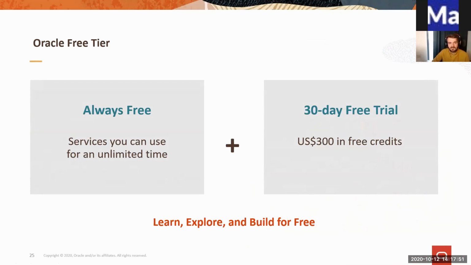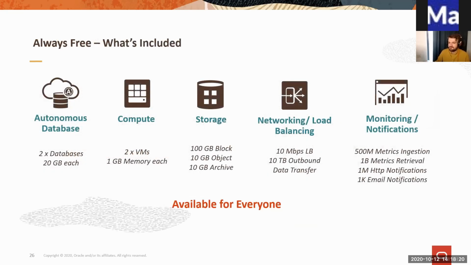But for bigger workloads, we also have the 30-day free trial option, right? So you receive an amount of money, $300, and you can start developing. You can provision resources besides the ones which are always free. For example, if you want to play with Kubernetes, this is the simplest way in which you can deploy a Kubernetes cluster, start playing with it in Oracle Cloud Infrastructure, and why not maybe even provision and deploy the MuShop.